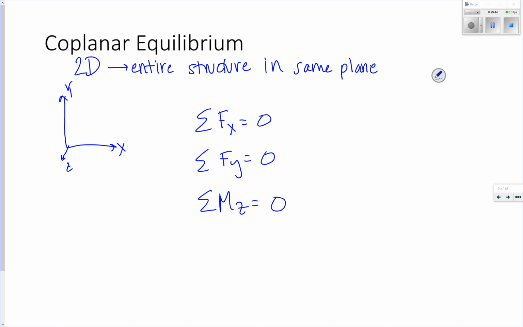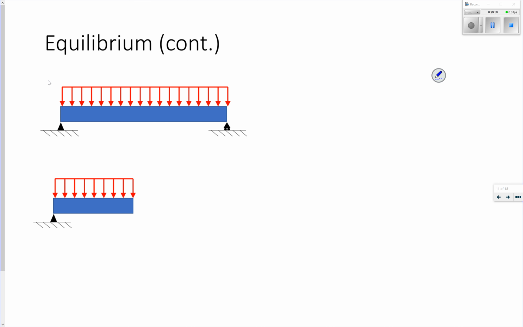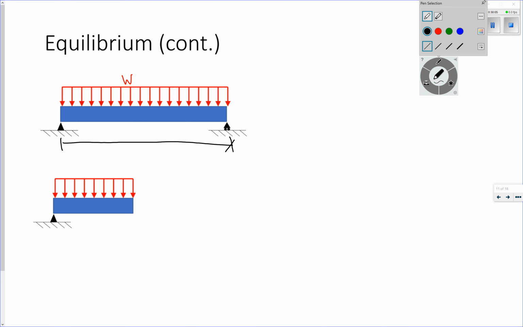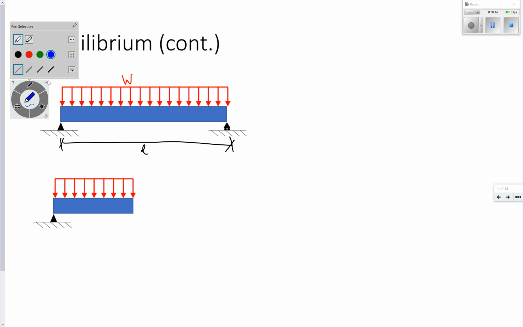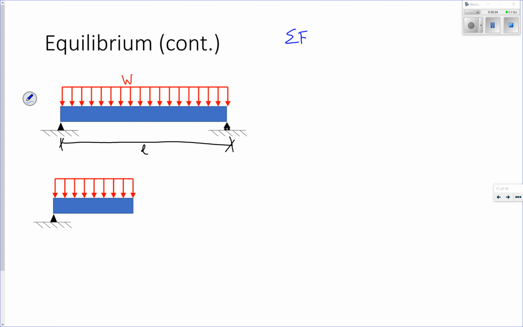Let's just give a quick little example. Here I have a beam subjected to a distributed load W. The beam has a length of L. If I look at the entire structure, I can solve for the forces in the x direction equals 0 because there are no forces in the x direction.